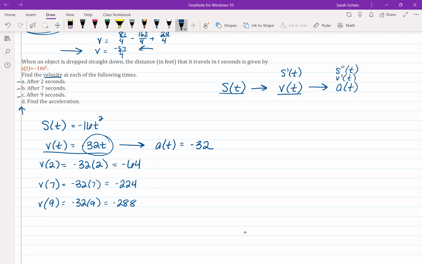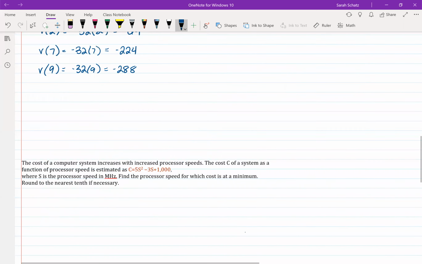So it's just a constant function, but that's what you would put in, just negative 32. That one actually might not change, because that's pretty standard for an object dropped straight down. Anyway, this is probably the easiest question in the quiz. You find the velocity at these places, and then take the derivative once more and get the acceleration.